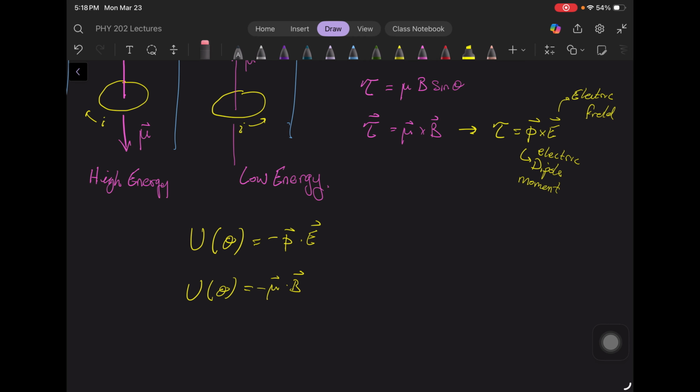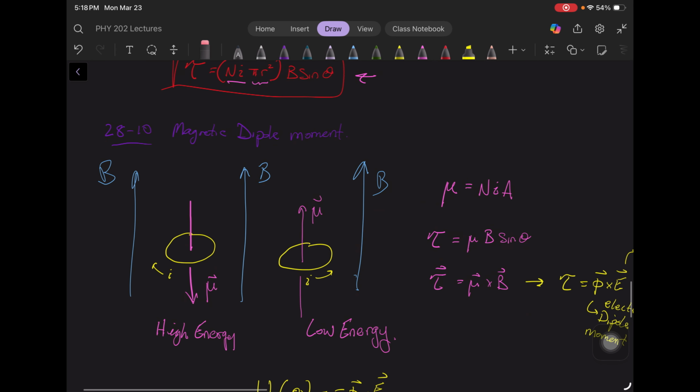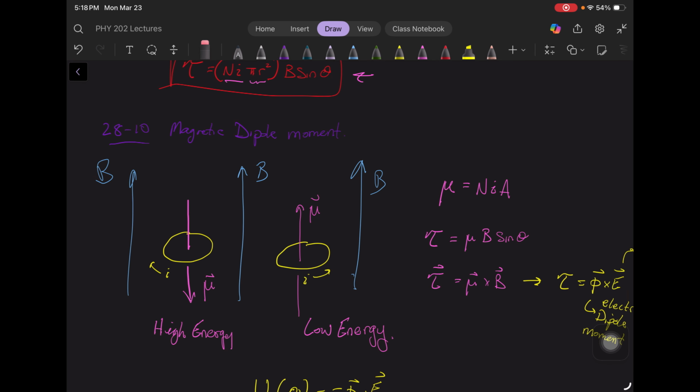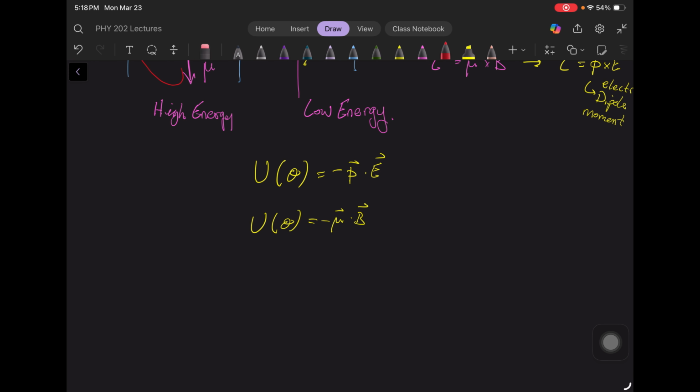So anytime you're holding something where it wants to move and you're not letting it, that's where you get a potential energy. And just like over here, where this wants to be flipped around, you're going to have a potential energy associated with that. And that's pretty much all that is. Yeah, and so I think that's that for this one.